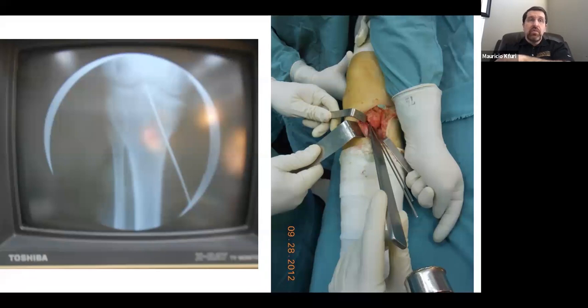And I believe this combination is very acceptable, because then you restore the mechanical axis and you improve the stability of the posterolateral corner in a joint that's fading in varus. This has been the situation that more commonly I've done together.